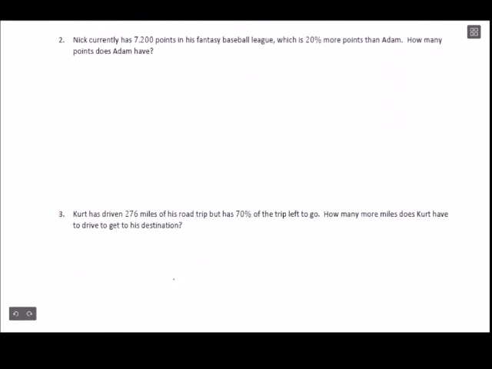What do we know? We know that Nick has 7,200 points in his fantasy baseball league, and that this is 20% more points than Adam. We want to know how many points Adam has. So we're going to start out with our 100%, and we ask ourselves, what is our whole?